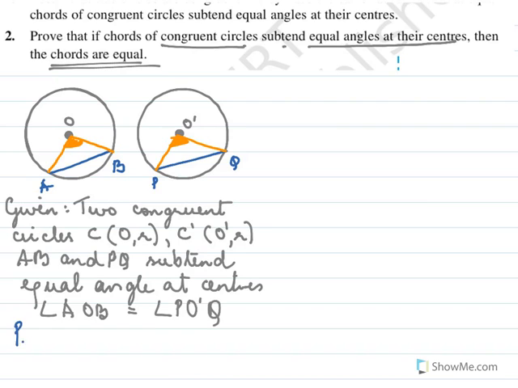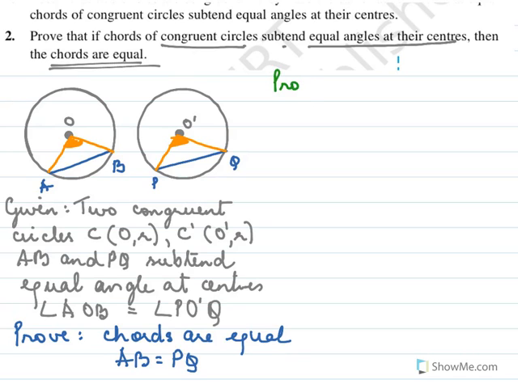Now we need to prove that the chords are equal. To prove chords are equal means we need to prove AB equal to PQ. So for the proof, we take two triangles, triangle AOB and triangle POQ, and we show that they're congruent.